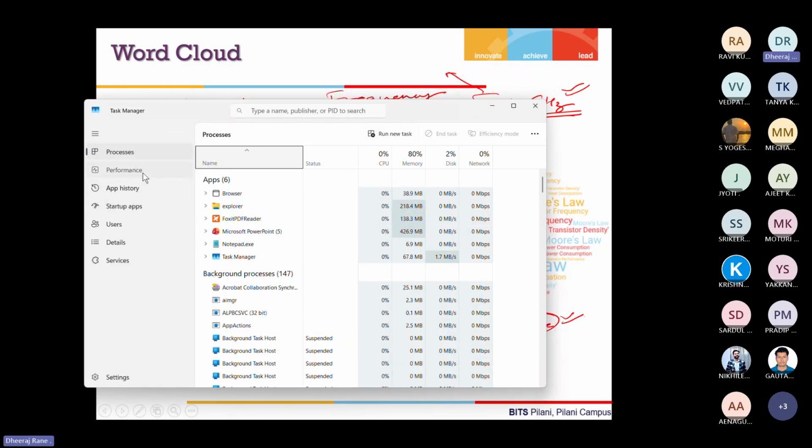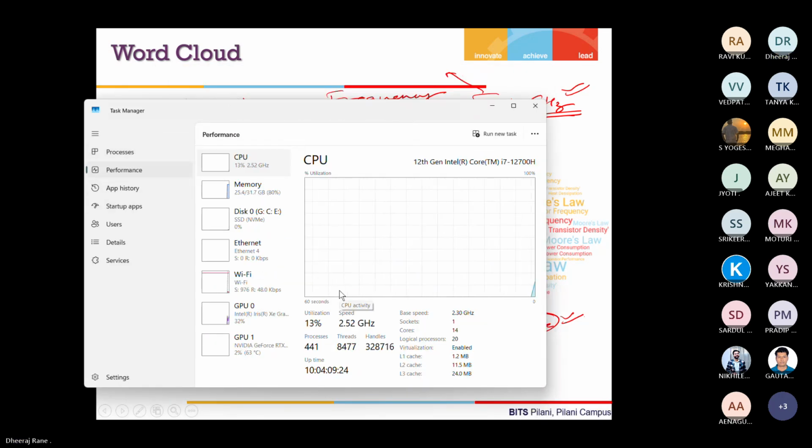Supposedly if you see my system's spec, you can see that the CPU is operating right now at 2.28 gigahertz, right? That is the base speed, but 5.4 gigahertz is the maximum to which this particular processor can go.